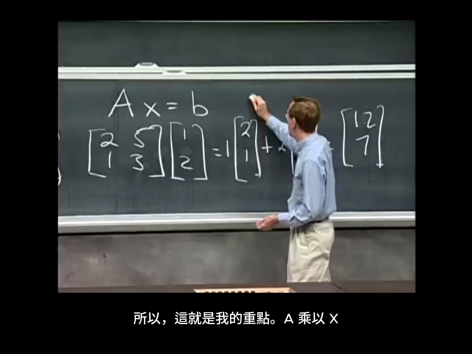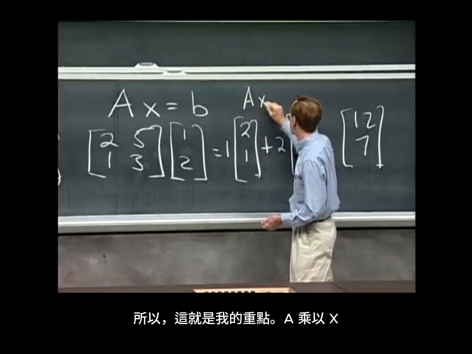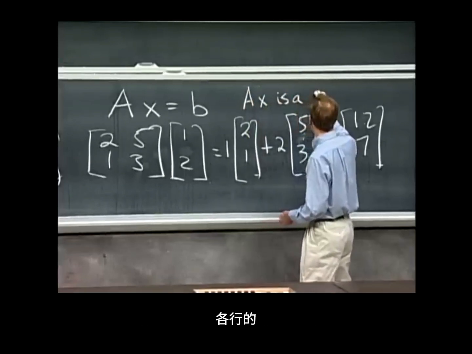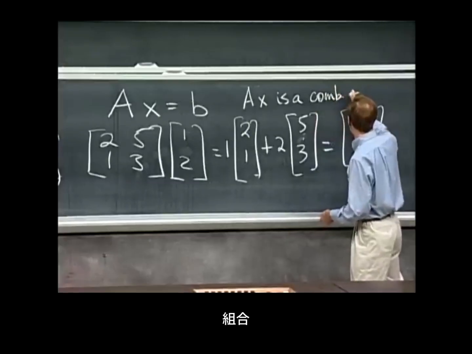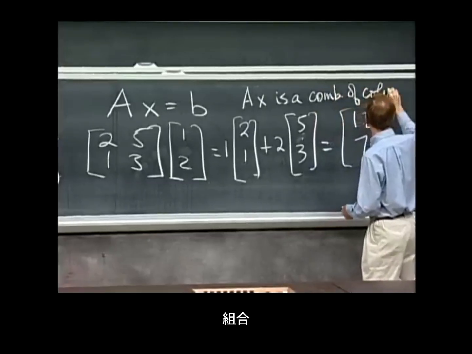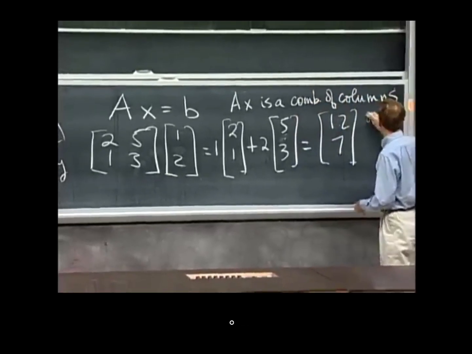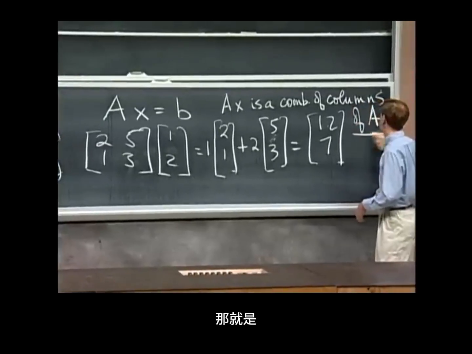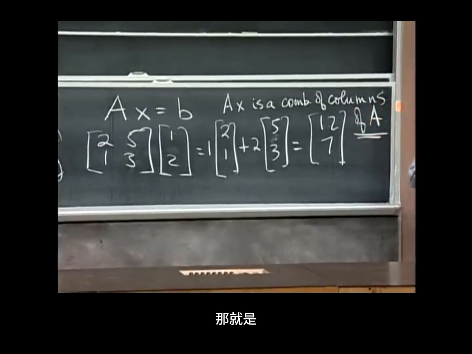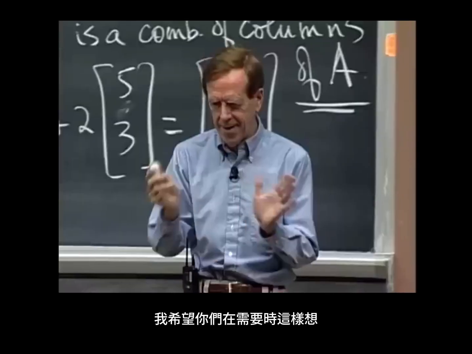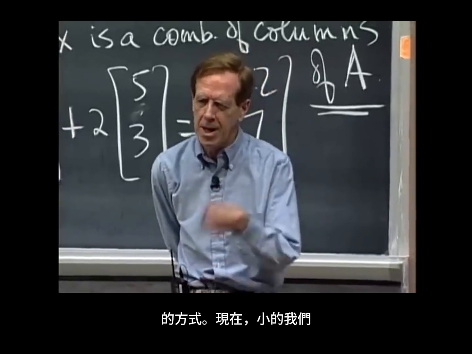So here's my point. A times x is a combination of the columns of A. That's how I hope you'll think of A times x when we need it.